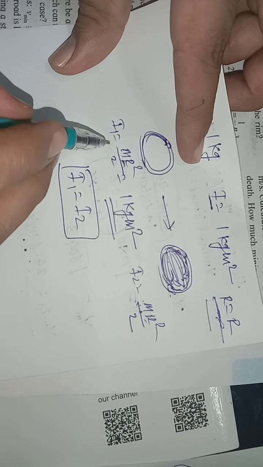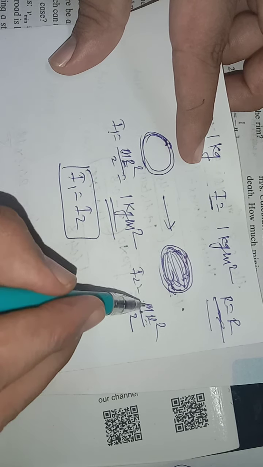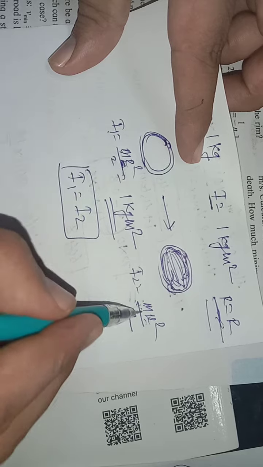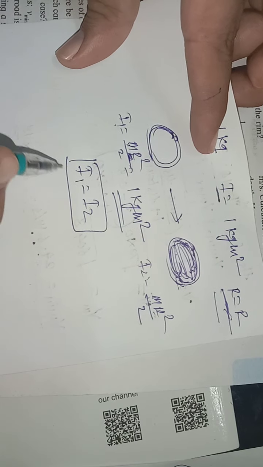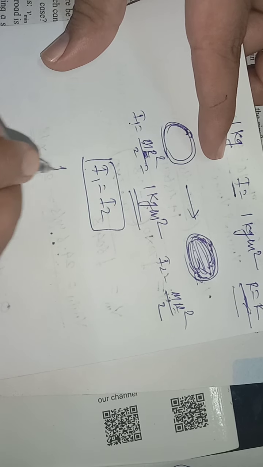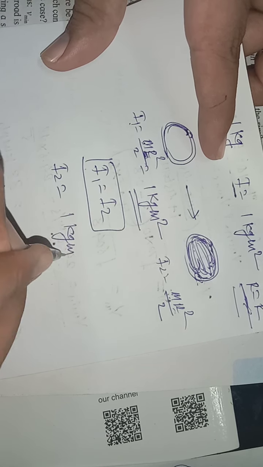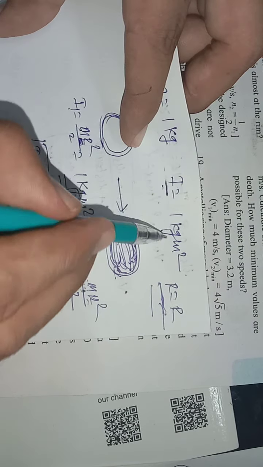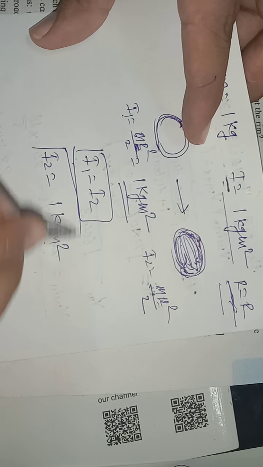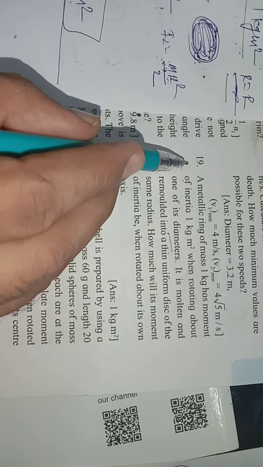Because the magnitudes of m and r remain the same. In that case we can write I2 is equal to 1 kg meter square, because I1 is already given, so I2 is also equal to 1 kg meter square. This is the next problem, number 19.